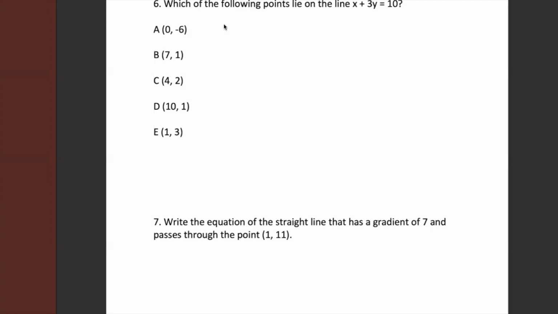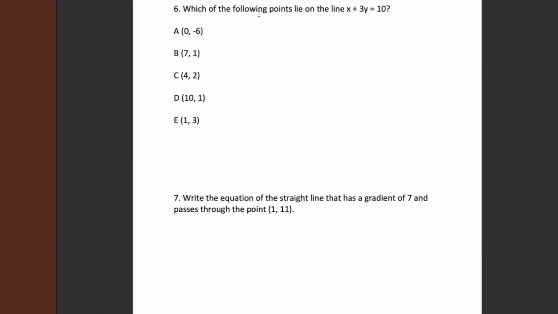Okay, now let's look at question 6 here. Question 6 says, which of the following points lie on the line x plus 3y equals 10? And they have given us 5 points there, A, B, C, D, E, with different coordinates.